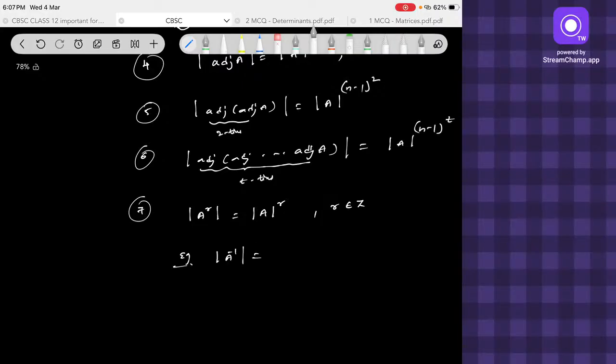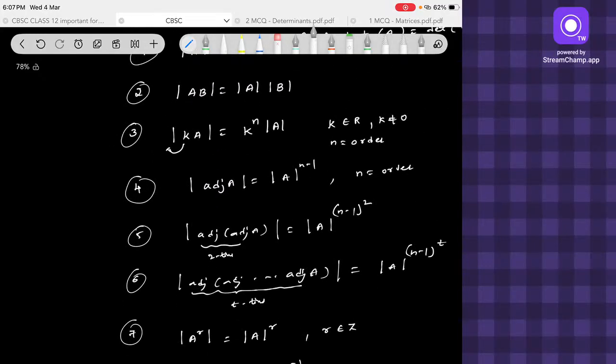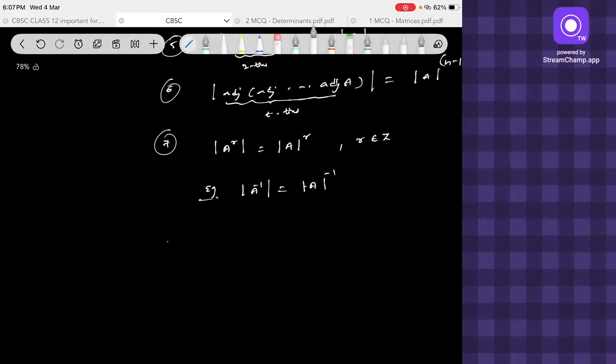That time you should use this formula, determinant of A whole power of minus 1. This is very important. And one more result: determinant of A plus B is not equal to determinant of A plus determinant of B. If it is minus also, they are not the same.